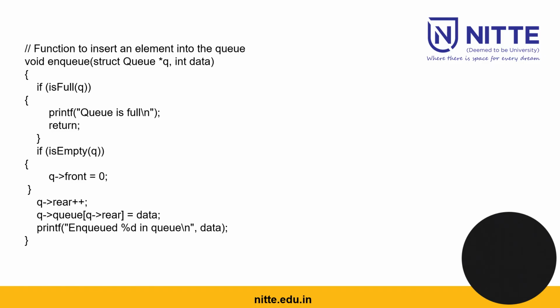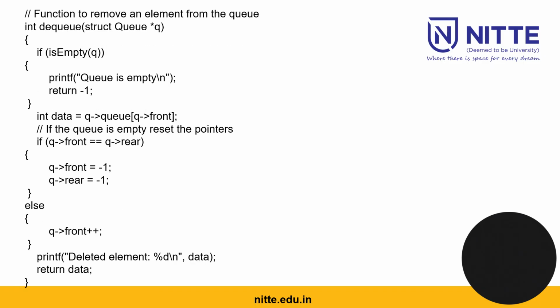So q->queue[q->rear] = data. At the incremented value of rear, the data will be assigned. Then we will print enqueued %d in queue, that is the data. So this is how we will enqueue an element into the queue.